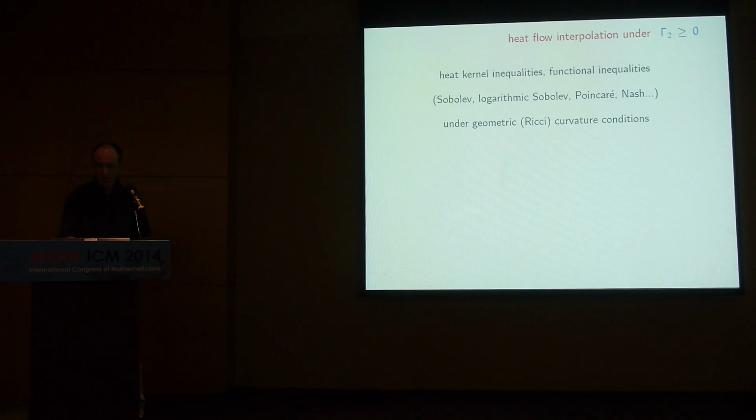And this gamma 2 analysis has proved extremely useful to establish a number of heat kernel inequalities and functional inequalities, Sobolev, logarithmic Sobolev, Poincaré, Nash, and so on, using the underlying geometric information which is contained into the gamma 2 object. You may also consider not only non-negative lower bounds on the curvature, but any lower bound would do more or less the same.